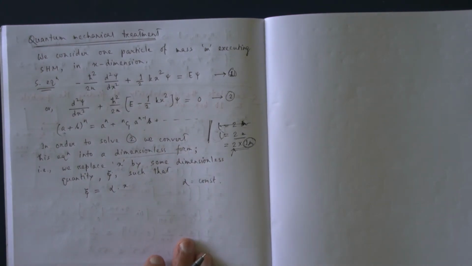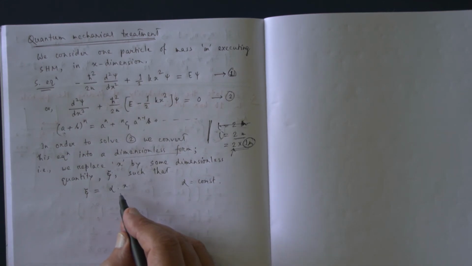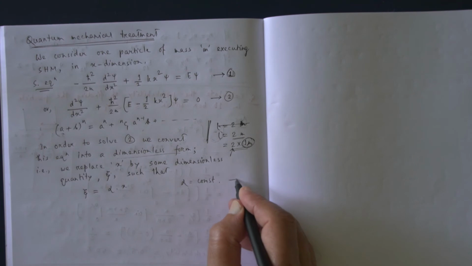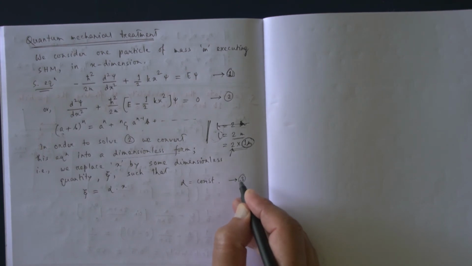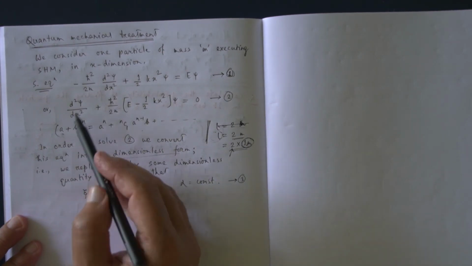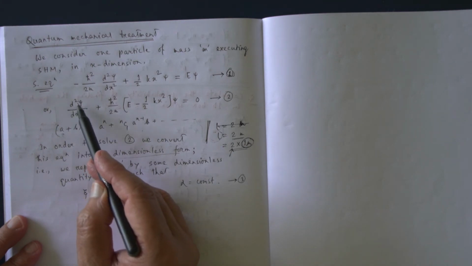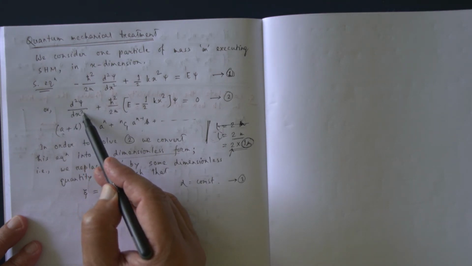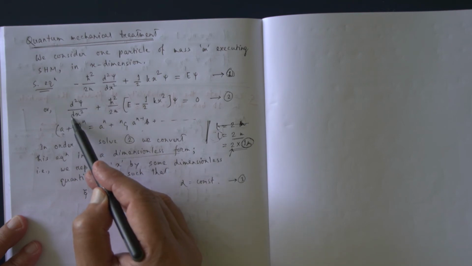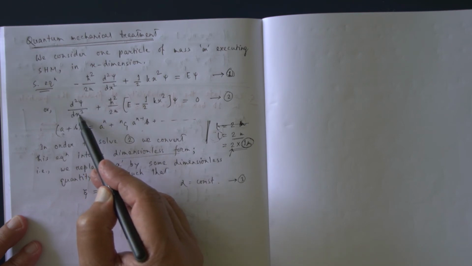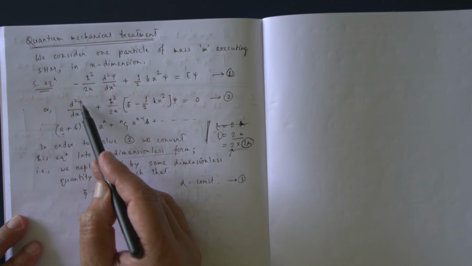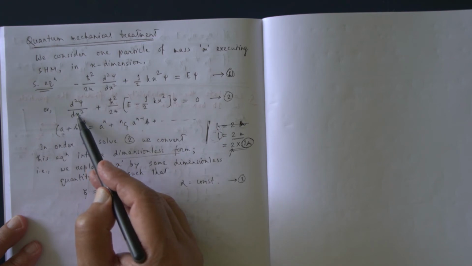So we will make this substitution. This is equation 3. Now in this equation we have d2 psi by dx square, so in place of it we have to write d2 psi by d xi square.